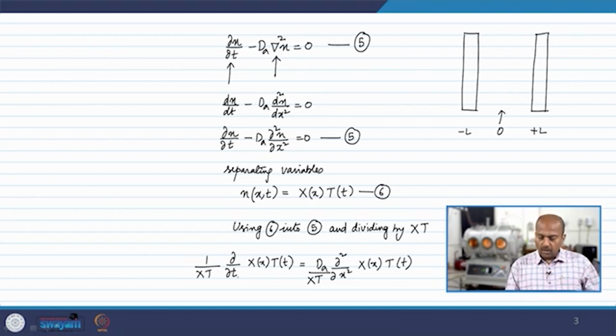right. So, dou by dou t will only operate on T, and dou square by dou x square will only operate on X(x). So, the other term will remain a constant and will come out of the differential operator.